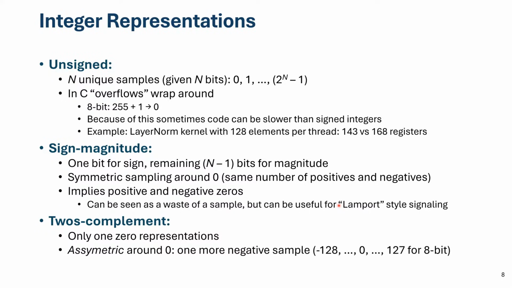If you guarantee that your application, for example, will not generate negative zeros, you can use that special value, and that comes up in floating point as well. You lose a sample, but you can repurpose it for something else, and it does come up in some AI-related use cases where you're trying to push the performance to the limit.